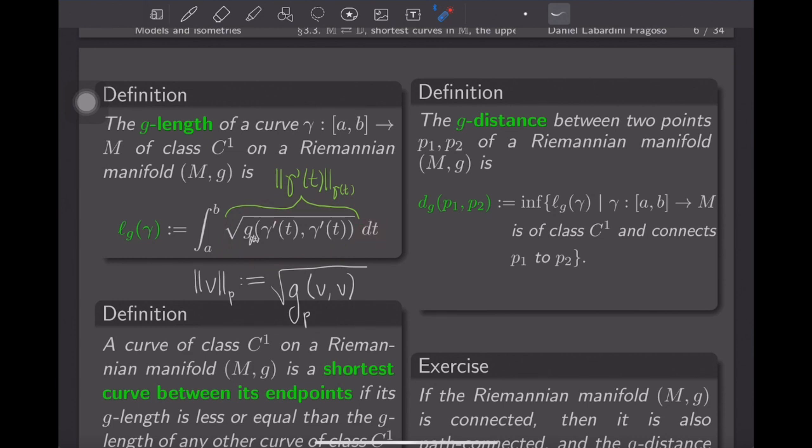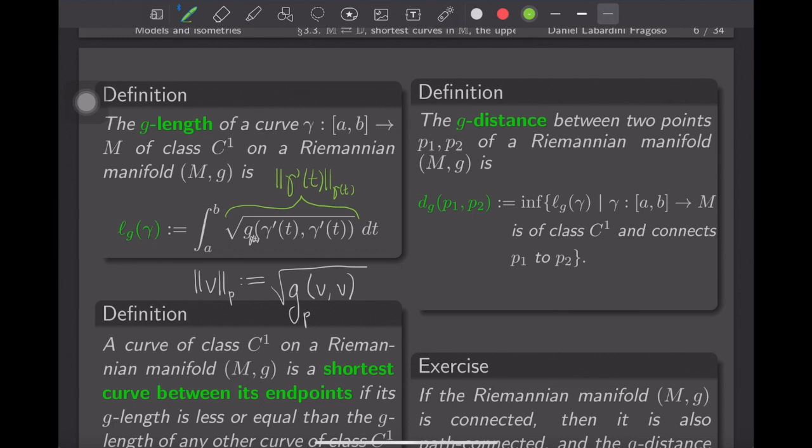For each t in the interval, this is a real number, so speaking about this integral makes perfect sense because the curve is class C1.